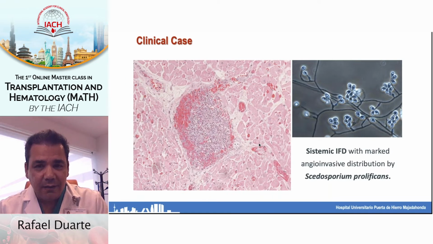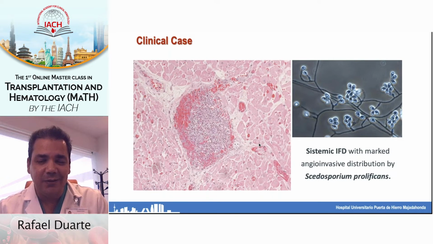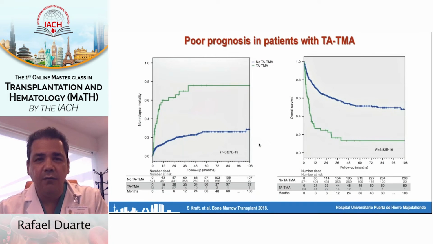So this takes us back to the original description of the complexity of these diagnostics, the differential diagnosis in these early complications. Of course, poor prognosis does not only come associated with other forms, and this Scedosporium prolificans was obviously one of the most difficult complications that you can have to face and manage.